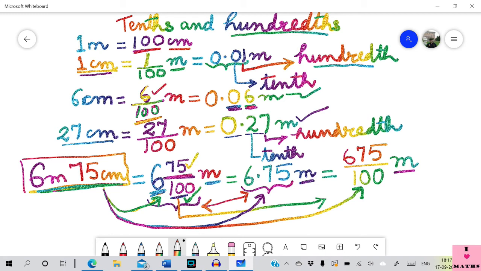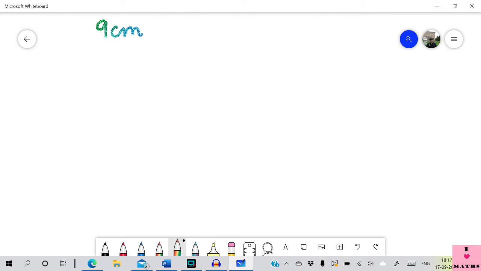Let us do a few more examples. 9 centimeter is equal to 9 equal parts out of 100 parts of a meter. So this is equal to 0.09 meter.